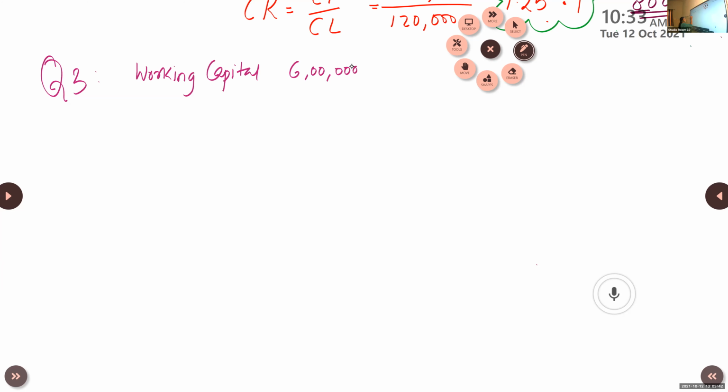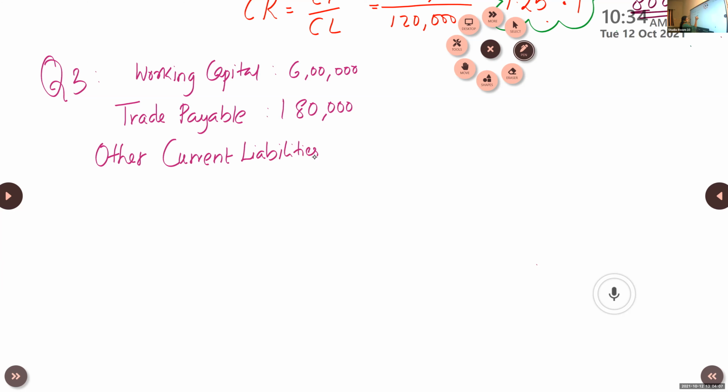Trade payables 1,80,000. Other current liabilities 20,000.